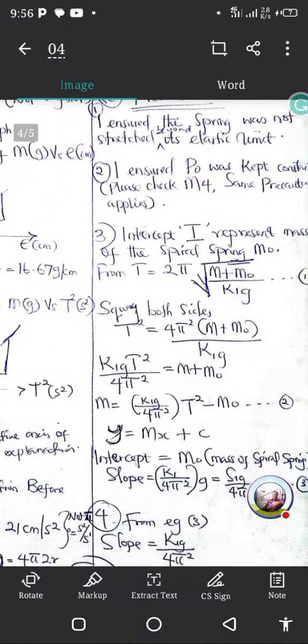So we are going to account for that spring. Now let's go back to the equation, the equation that was given from the background study, from the theoretical study, and that is T equals 2 pi square root of (m plus m naught) over k1g, or kg. If you look at this equation, it's similar to what we have in the pendulum, where T equals 2 pi square root of L over g.